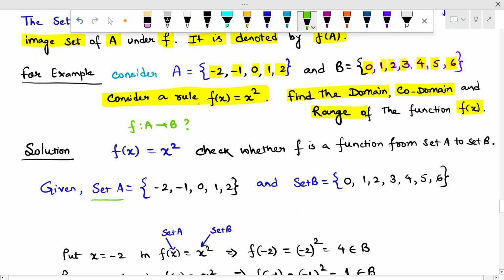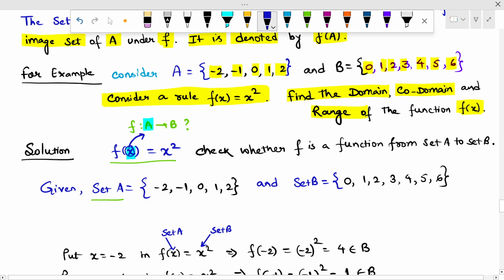Given set A as -2, -1, 0, 1, 2 and set B as 0, 1, 2, 3, 4, 5, 6, and we are given a rule f(x) = x². Now this value of x will be taken from the set A, right?